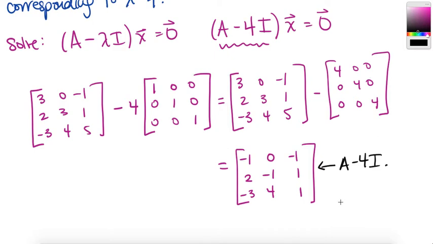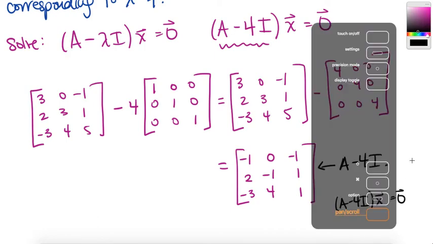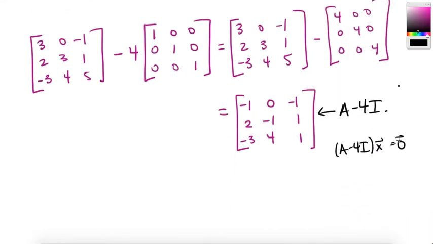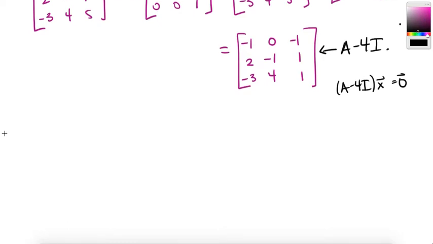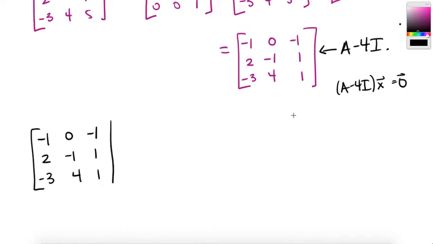And remember, we were concerned about A minus 4I times x equals 0. So how do we solve that? We just take this matrix, augment by 0, and row reduce.